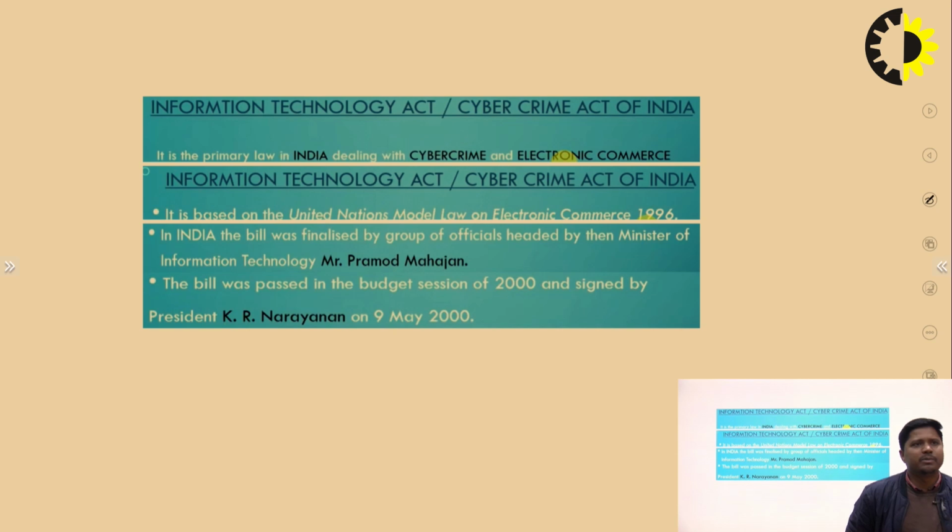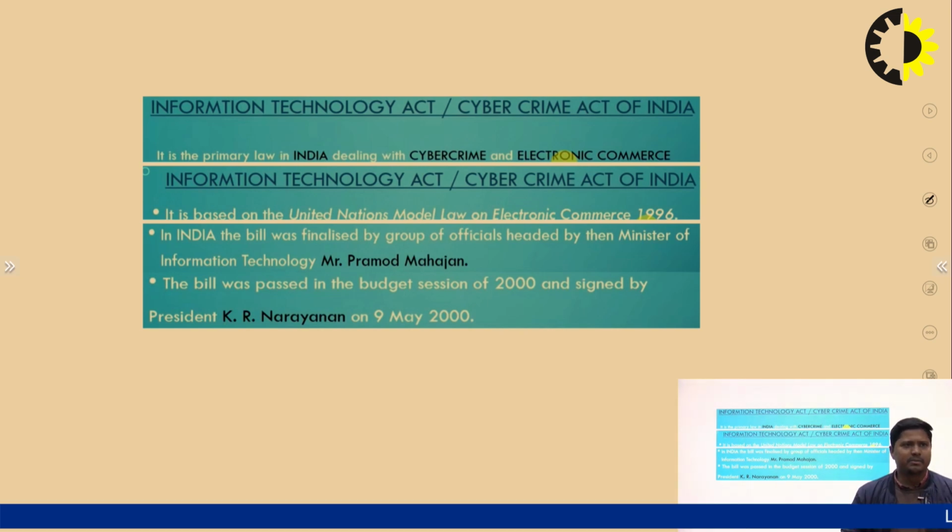In India, the bill was finalized by a group of officials headed by the Ministry of Information Technology under Pramod Mahajan at that time. The bill was passed in the budget session 2000 and signed by Mr. Kiran Narayan, who was the president at that time.